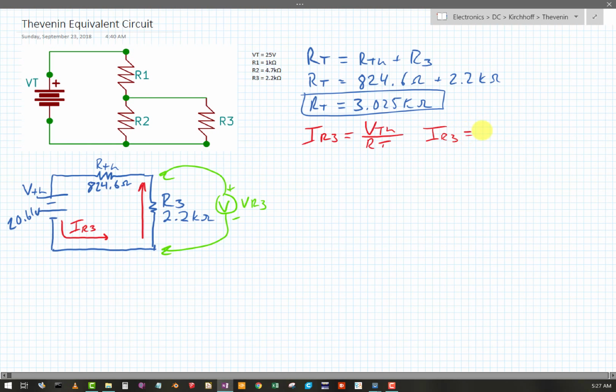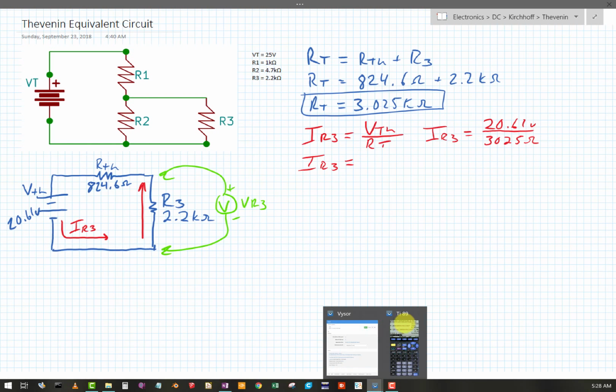V Thevenin is the most voltage ever available to the load resistor. So 20.61 volts would be the most voltage I could ever see there. If I had a 10 meg resistor for R3, it would see 20.61 volts roughly. Our total was 3025 ohms, and let's go ahead and solve that.